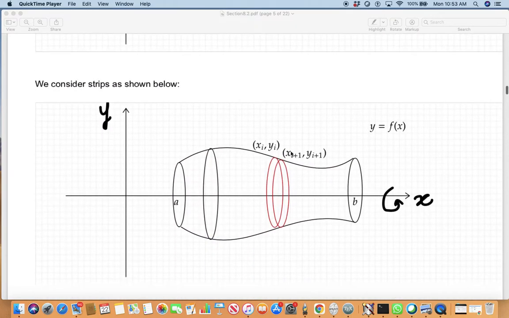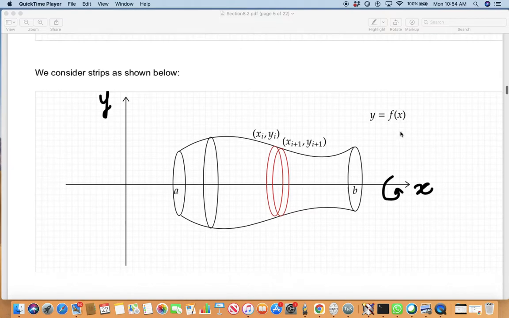Now notice, you take this particular surface and consider strips on the surface. When you consider such strips, the point here, for instance, is (xi, yi). The point here is (xi+1, yi+1). What are the y coordinates given by? They are given by the value of f on x.